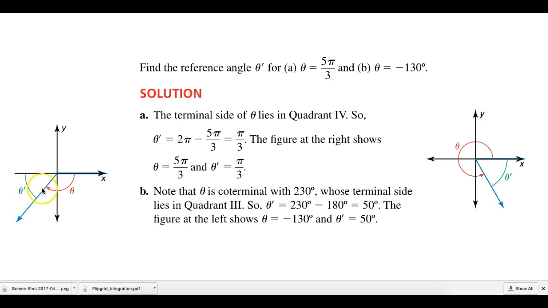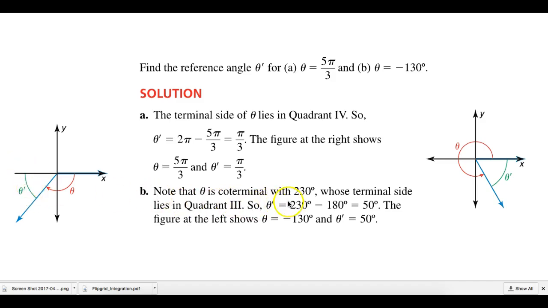So our reference angle is the distance from the terminal side to the x-axis. We've already gone 40 degrees into our quadrant, and each quadrant is 90 degrees, so 90 minus 40 gives you 50. So we've got 50 degrees left.